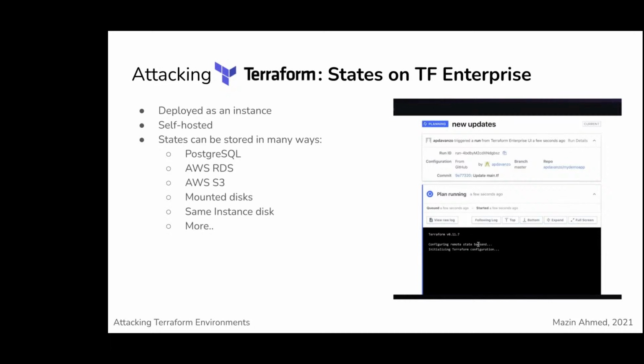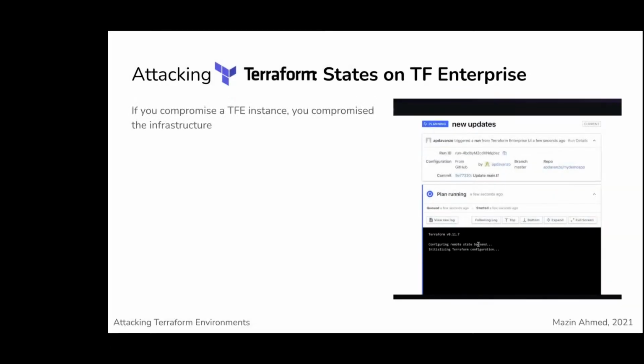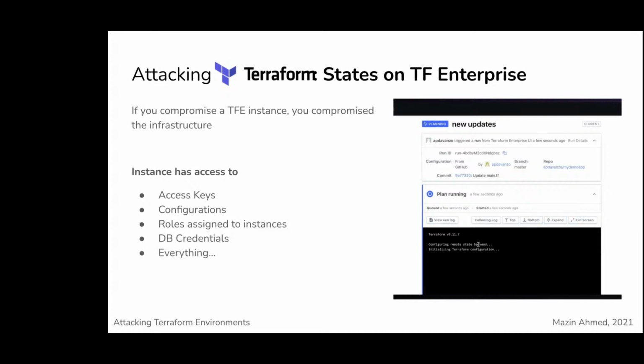You reach a great level. You probably are capable of compromising the entire infrastructure now. But if you did not reach that by its own, and you were able to compromise the Terraform instance, then you compromise the infrastructure because it has access to everything that is needed.